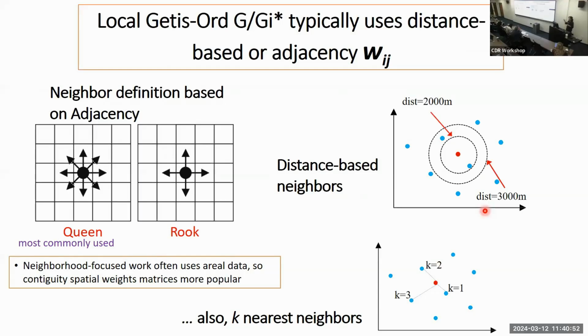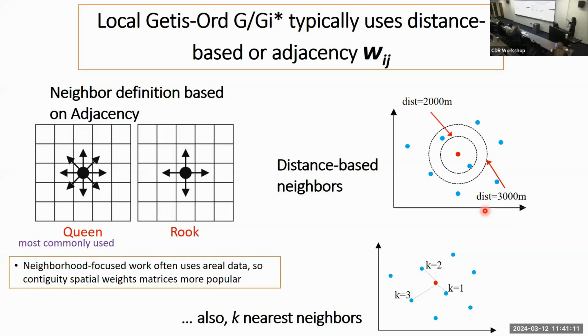These usually use distance-based or adjacency matrices. I'll say that the neighborhood segregation papers almost always use adjacency-based definitions. Essentially, with polygon data, any polygon that's touching the focal unit will be considered a neighbor.